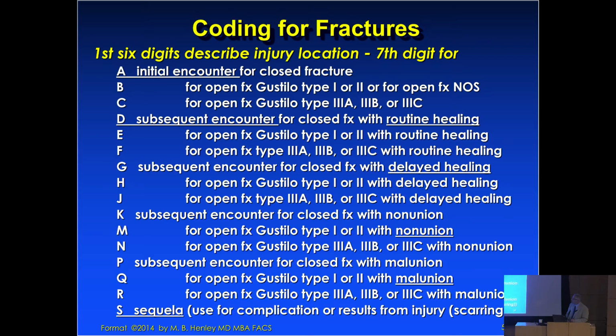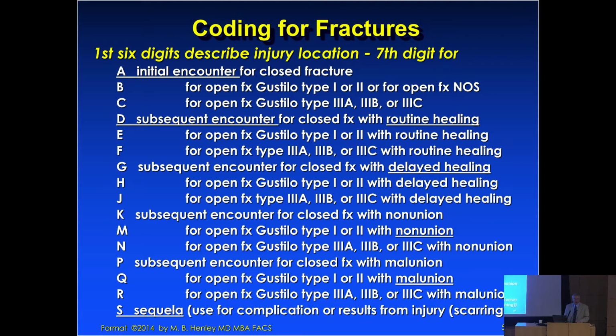The first one, A, would be initial encounter for a closed fracture. B and C are initial encounter for a type 1 and 2 open fracture. C is an initial encounter for a type C fracture. Whereas D, E, and F are a subsequent encounter for a fracture with routine healing, whether it's closed or open.